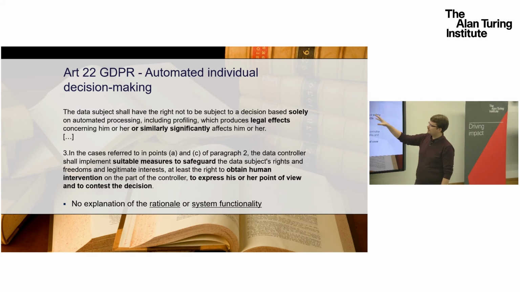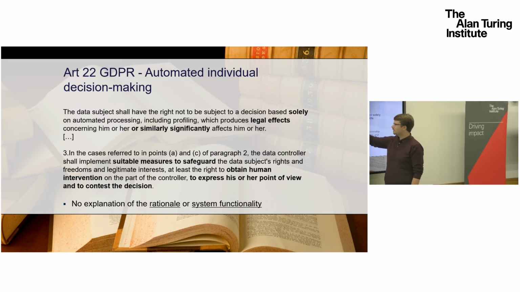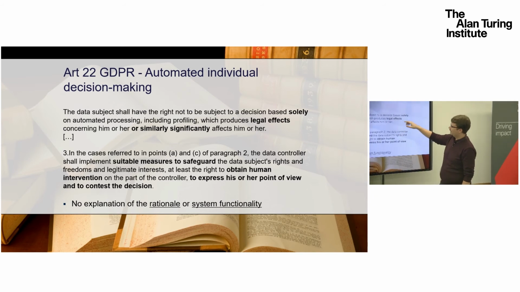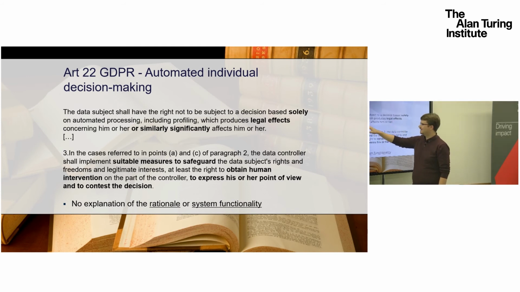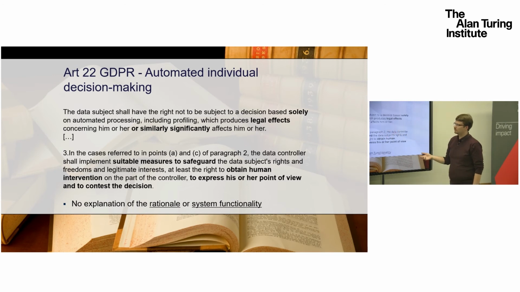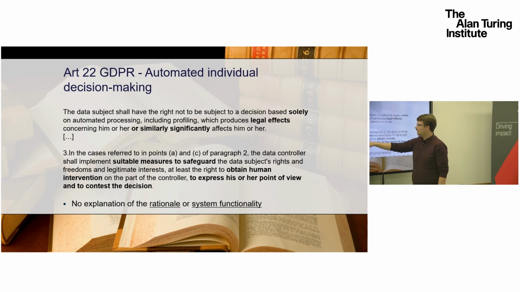The way that term is defined is that you have a right not to be subject to a decision which is based, and these are the key points, solely on automated processing, which produces legal effects or similarly significantly affects the individual. If that definition is met, you get a number of rights or safeguards: the right to obtain human intervention, to express your point of view, and to contest the decision.